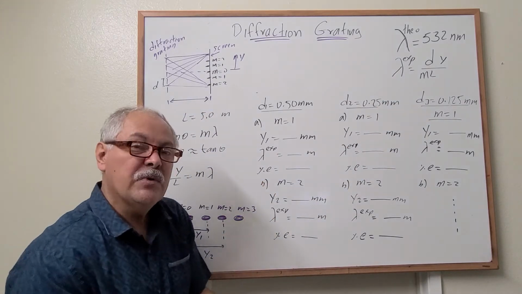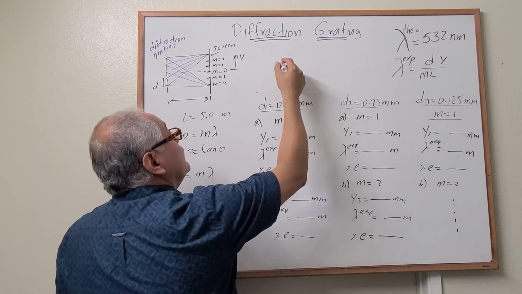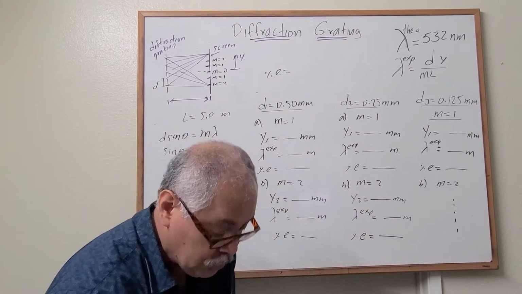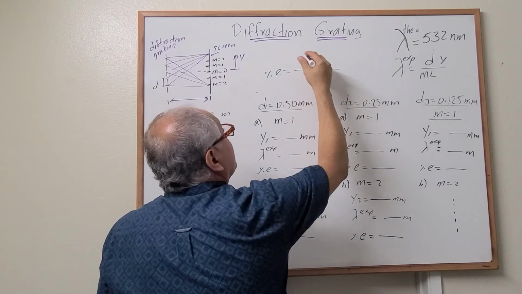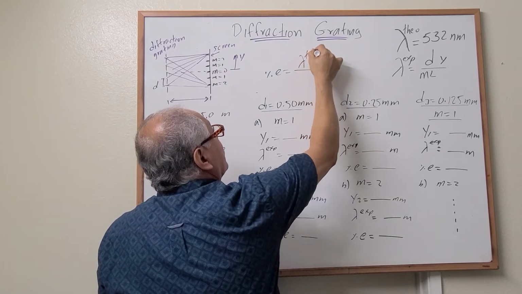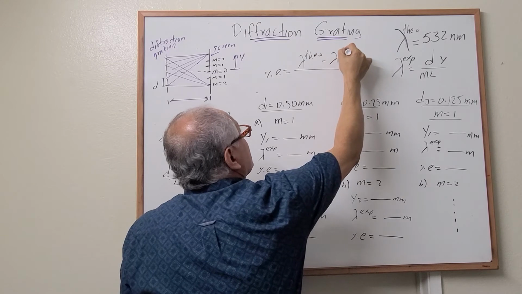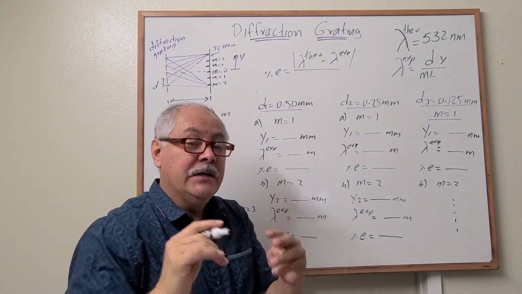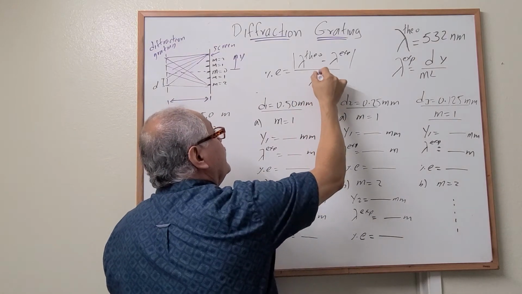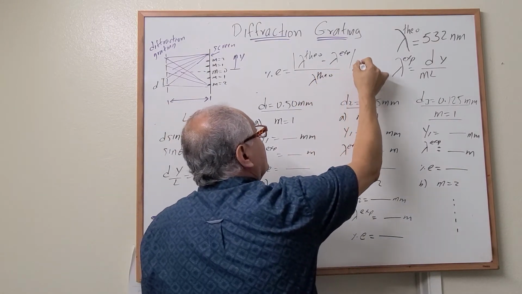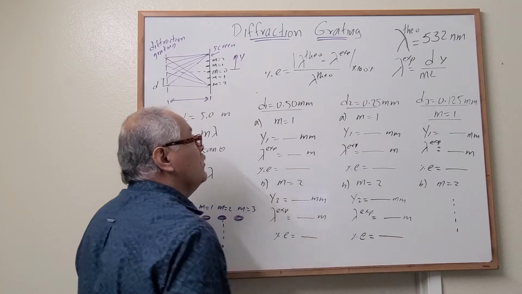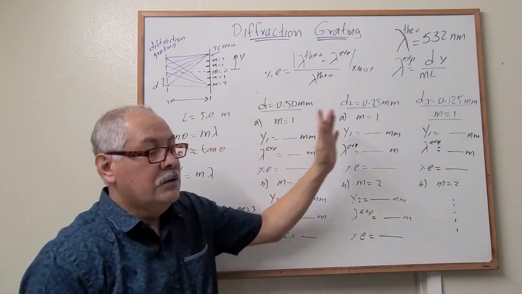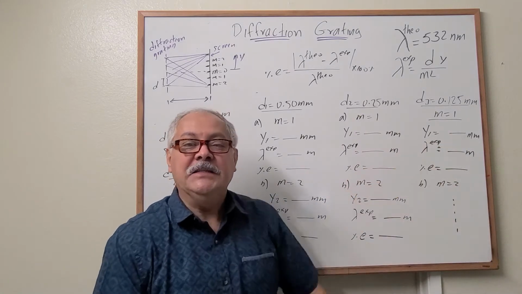The percent error, usually we use this notation: percent error equals the absolute value of lambda theoretical minus lambda experimental, divided by the theoretical value, times 100%. We use absolute value to avoid negative signs. Let's use this formula of the percent error for all of these cases.